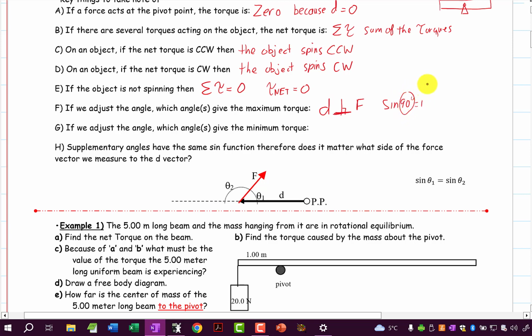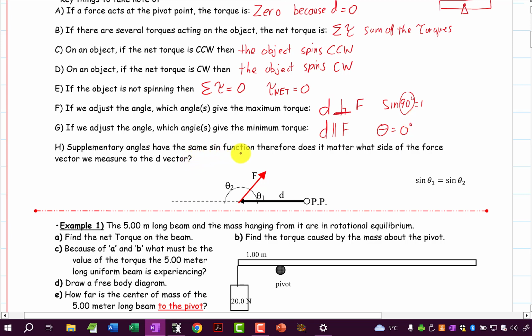We want it to be 90 degrees. And for the minimum, we want D to be parallel with the force, so the angle is 0 degrees, or 180, as long as it's parallel.